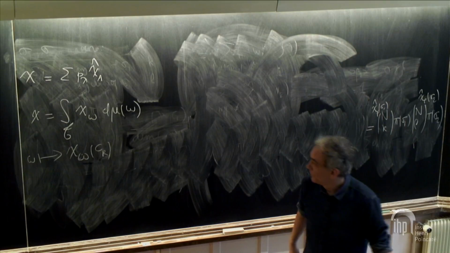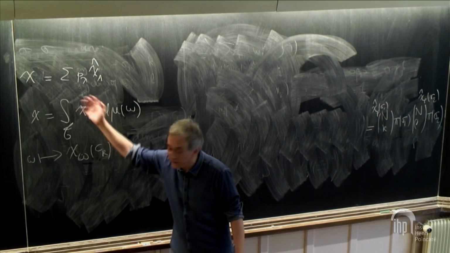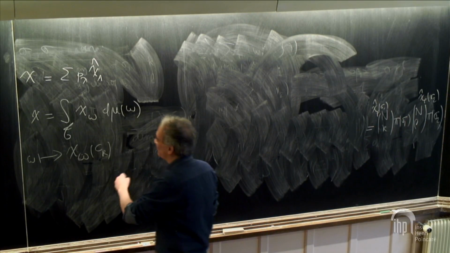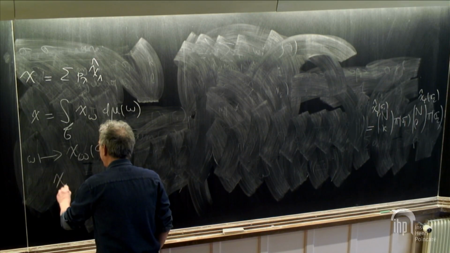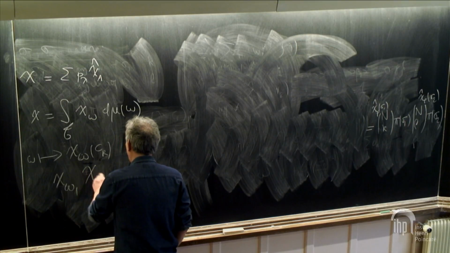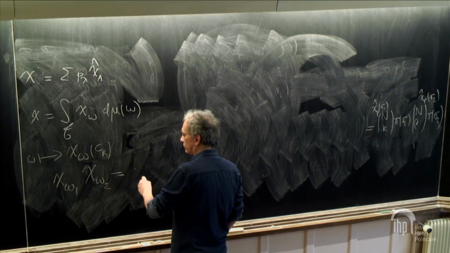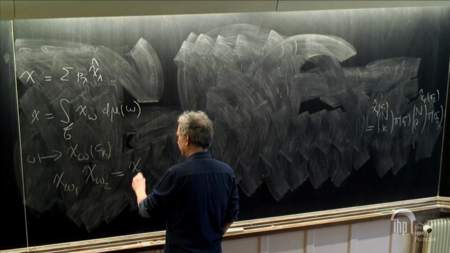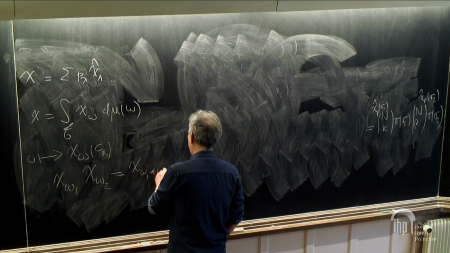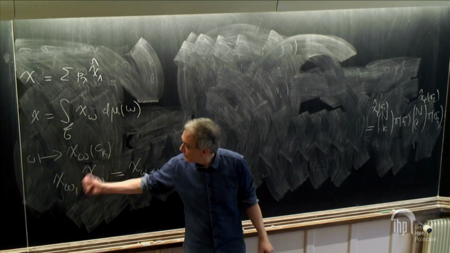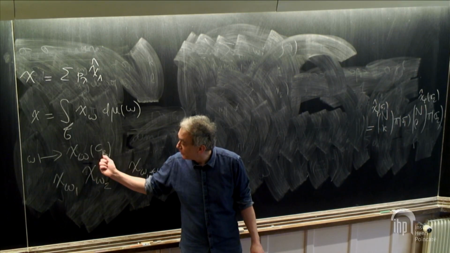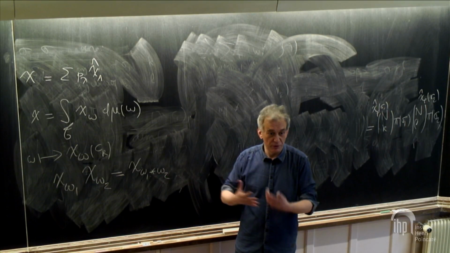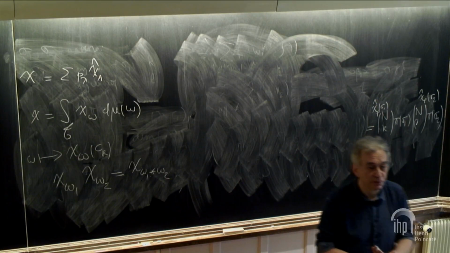And of course, the chi omega are multiplicative. They form an algebra. When you evaluate them on cycles, they are just the moments of some measure. So when you multiply the moments, you obtain the moments of the measure which is the multiplicative convolution of the two measures.